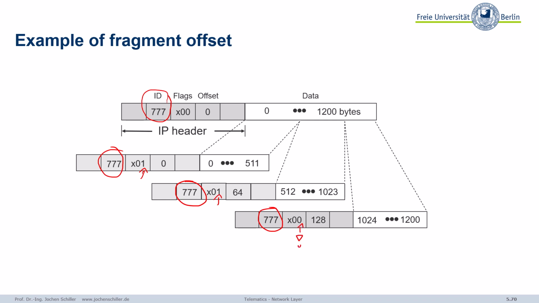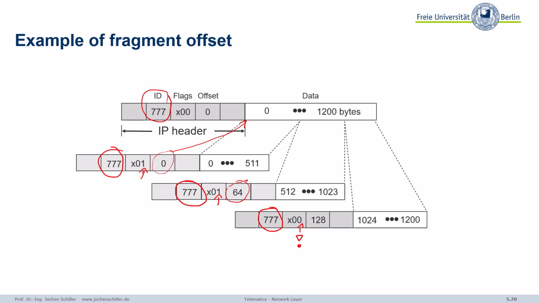Okay, not set, so this is the last fragment. And now the offset follows, and the offset then will tell me, okay, where does this fragment belong to? In multiple of 8 bytes. So 0 here indicates I start exactly here.